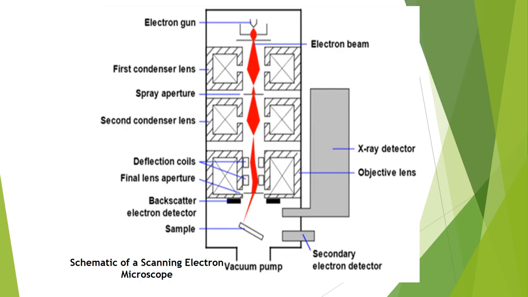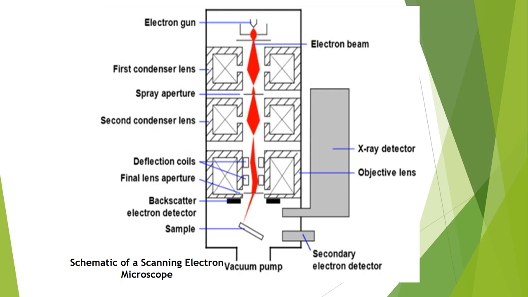Then a second condenser lens is installed, and after that deflection coils, the final lens aperture, and a backscatter electron detector are present in the pathway of the electron beam.